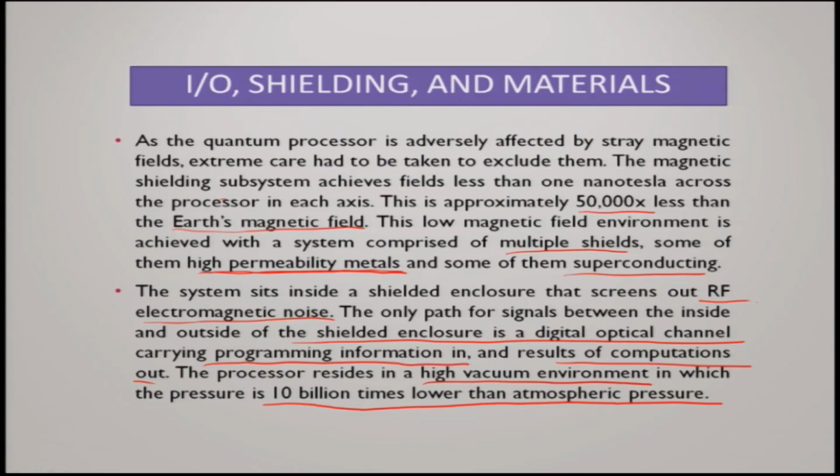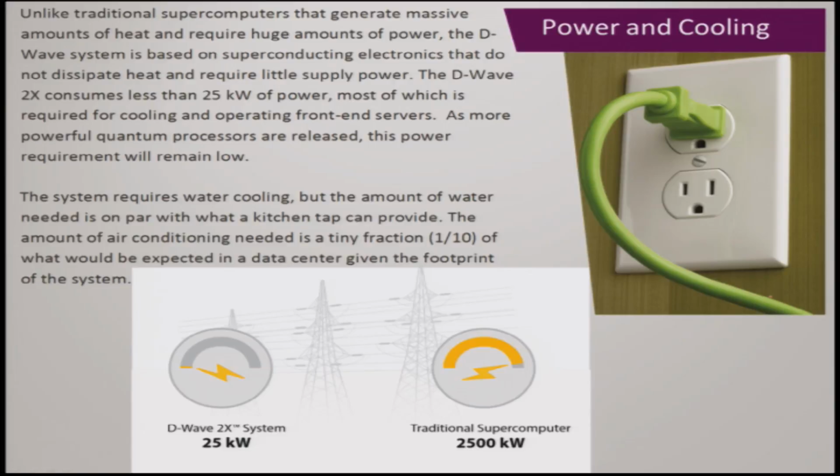So, this is basically the principle which they have done, is that they have essentially made the inside of the computing environment so shielded and so correctly available, so that the principle of quantum computing, or the quantumness, can be preserved.